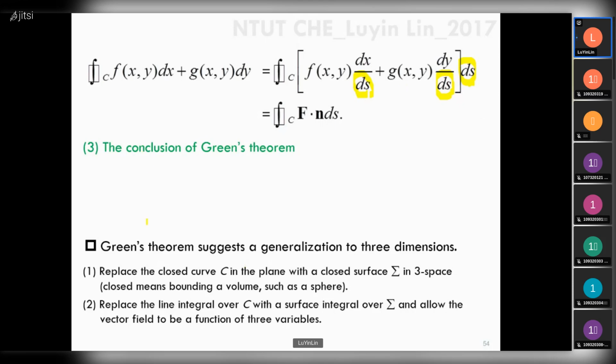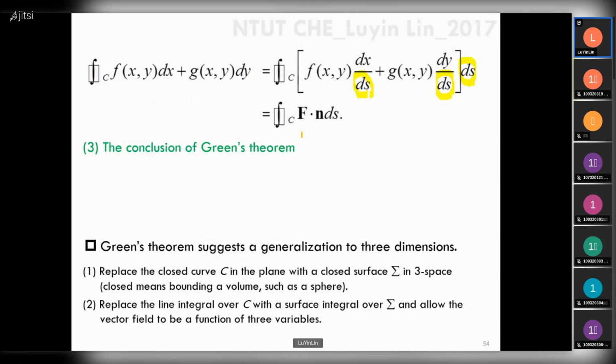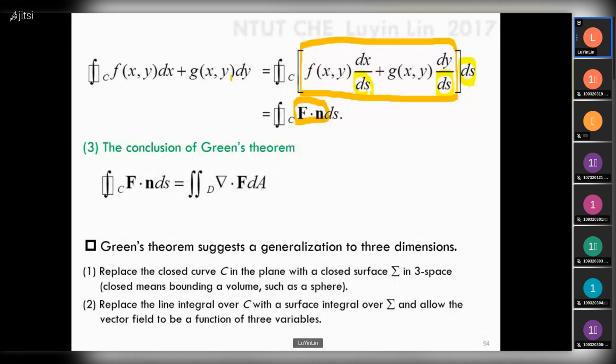Okay. Then if you remember, you can see your last slide. If you remember, this one is this one, right? We just write that. Okay. So this one is the left-hand side of Green's theorem, the single integral of Green's theorem. Then you will find the left-hand side of Green's theorem, and this is the right-hand side of Green's theorem.